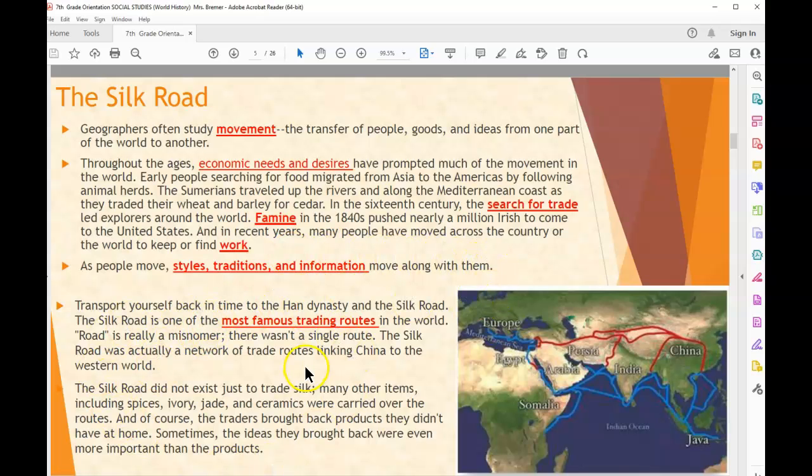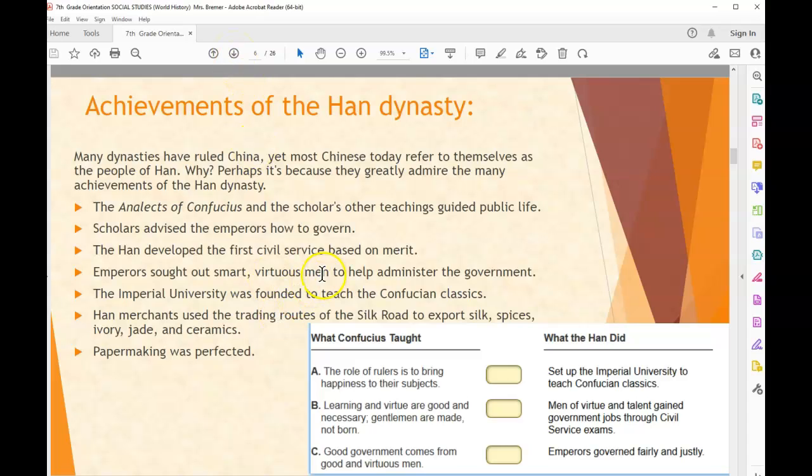Okay, and these Silk Roads were the very first trading routes and the most famous ones. And they traded not just items, but they also brought ideas. Okay, and some of those ideas are kind of what we're going to be talking about today. So remember, with the Han Dynasty, they followed many of the ideas of Confucius.